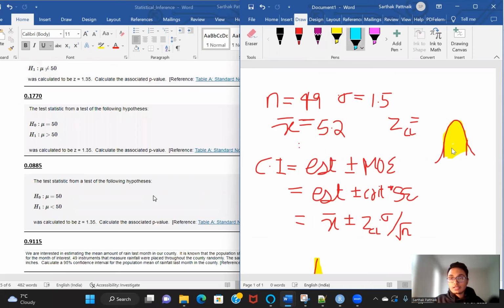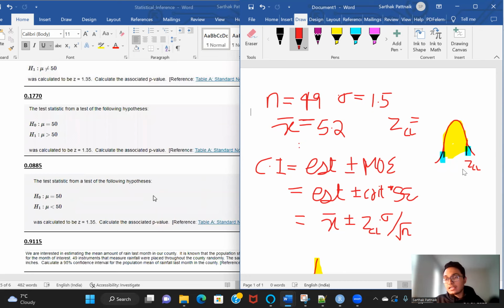These two areas right here are equal. So if this is my critical value z, then what is the area towards the left of z? It is 0.95 plus 0.025, which is 0.975.